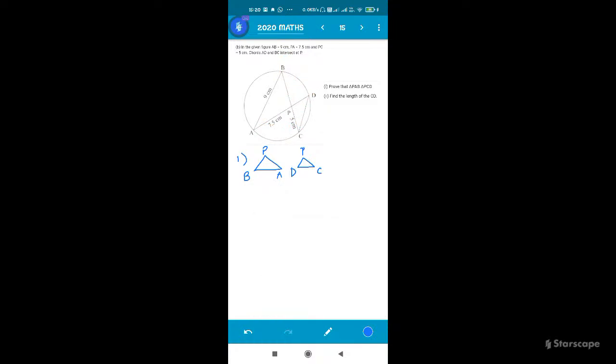From the figure which we have drawn, it is quite clear that the proportionality relation will be as such: PA by PC, this one by this one, equals PB by PD, this one by this one, and that is equal to BA by DC. So making the diagram makes it very easy to identify the corresponding sides which will be proportional to one another.